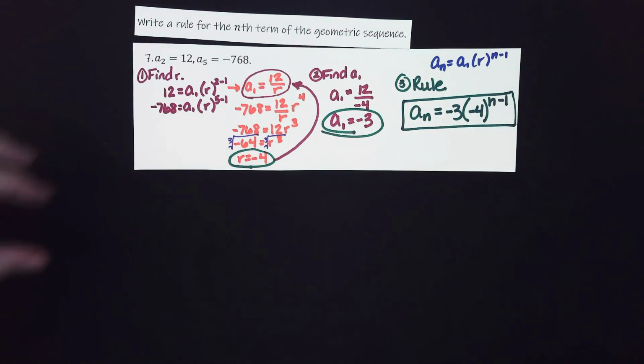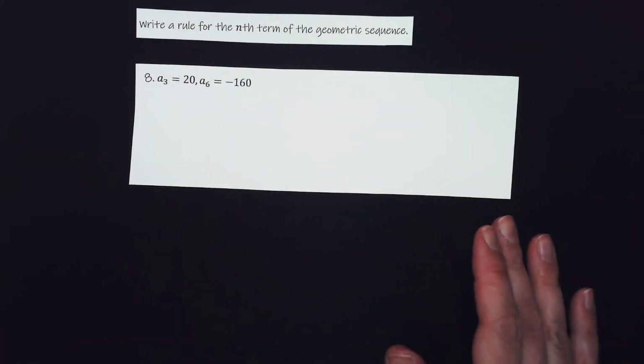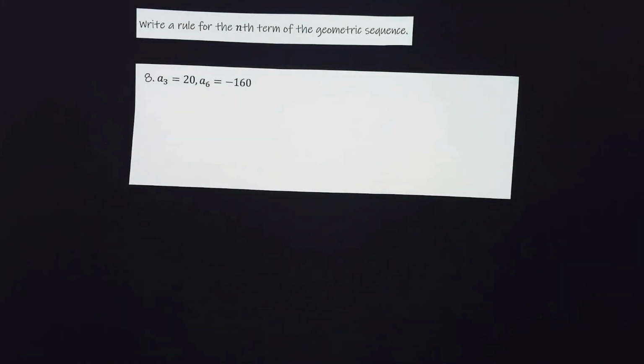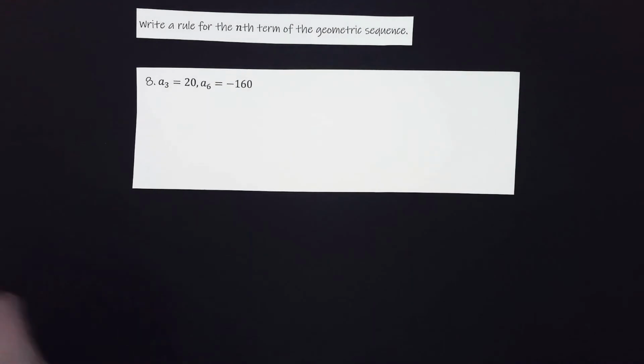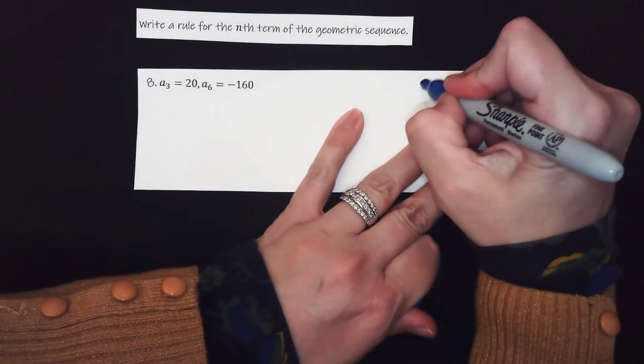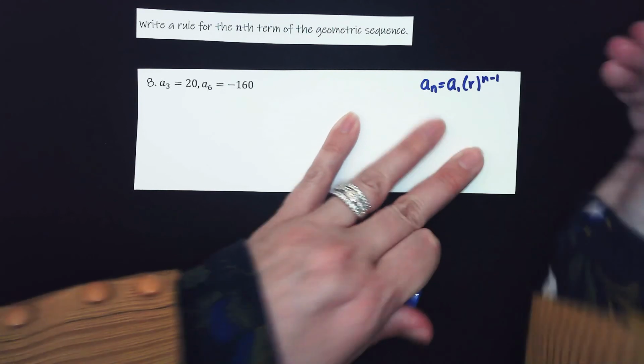All right, let's give this one more shot by doing number 8. Now it gave me the third term being 20, and the sixth term is negative 160. So let's start off by writing our system. Let me write the rule over here: a sub n is going to equal a1 times r to the n minus 1 power.